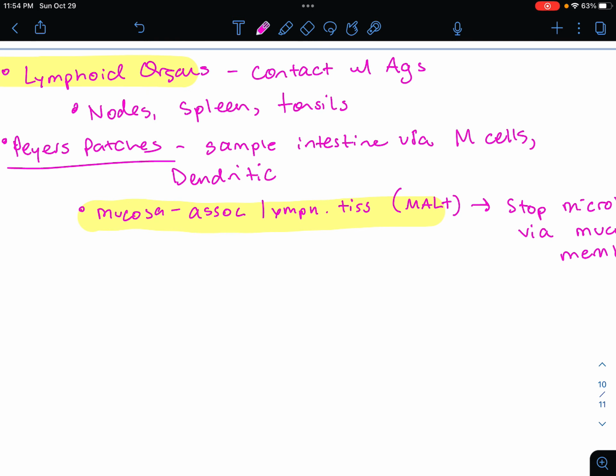Alright, lymphoid tissues under skin are going to be known as skin-associated lymph tissues, or SALT. These are, again, under the skin. Another acronym.